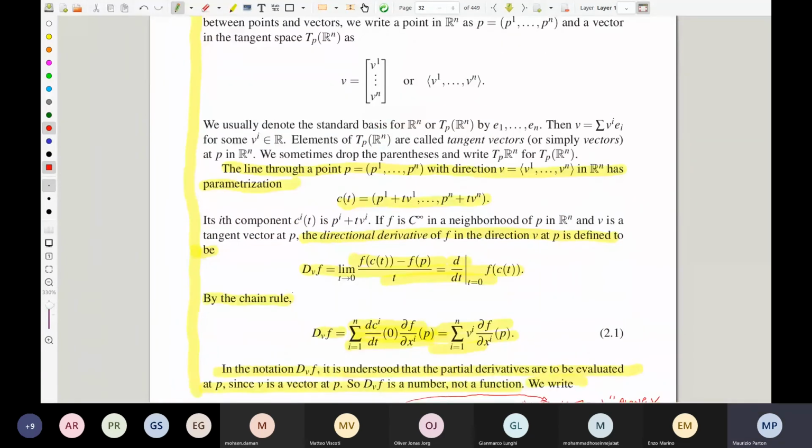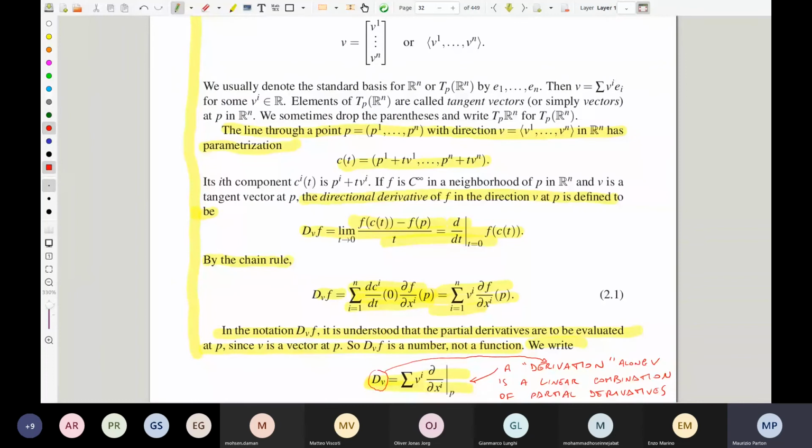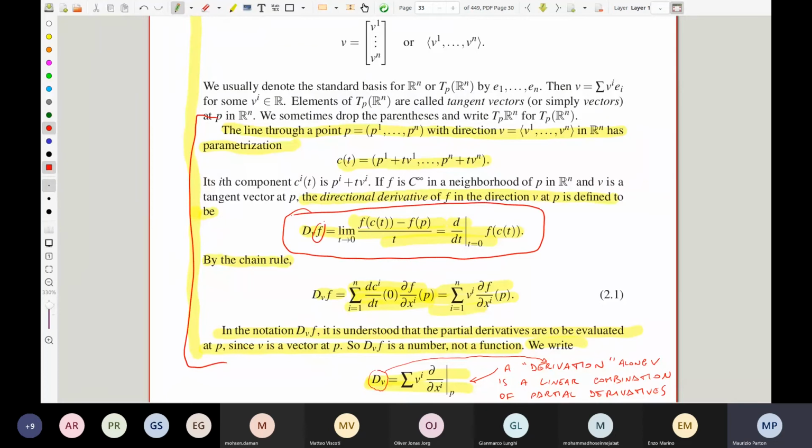Now, here there is the definition of directional derivatives. I will often ask you if I can skip this, okay? And if I don't get an answer, I will assume the default is yes, okay? Can I skip the definition of directional derivatives for a function from Rn to R?